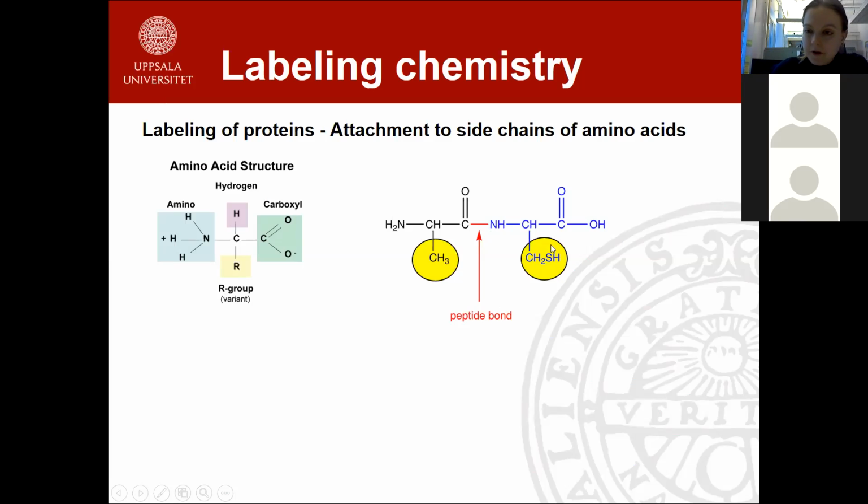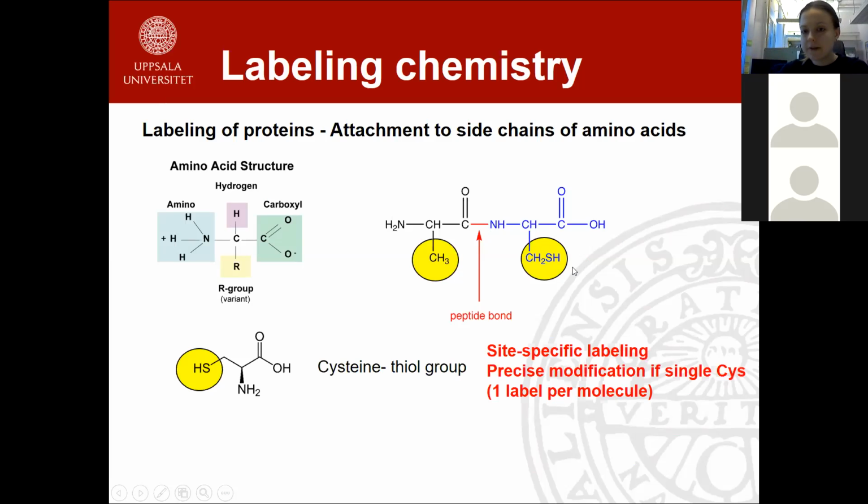And depending on the property of the side chain of the functional group, we can use different kinds of chemistry. So if we have a cysteine in our protein, we can use a group that would react with the thiol group. We can use a label that would be attached to this thiol group. And if we have just one cysteine per molecule, usually in proteins cysteines are not very common, and sometimes you can introduce a single cysteine by genetic engineering.